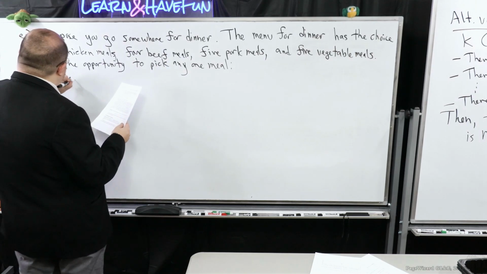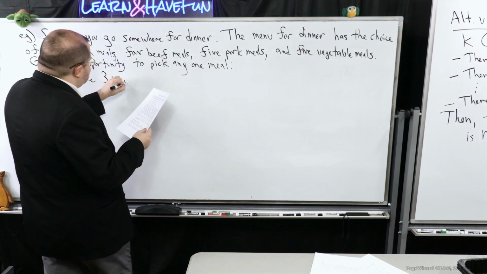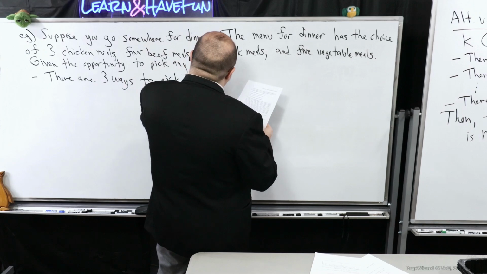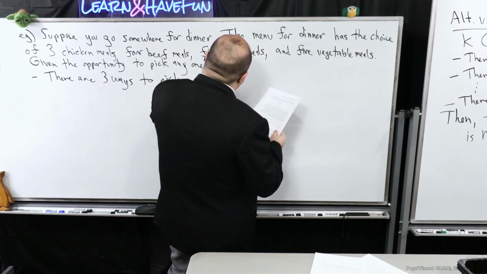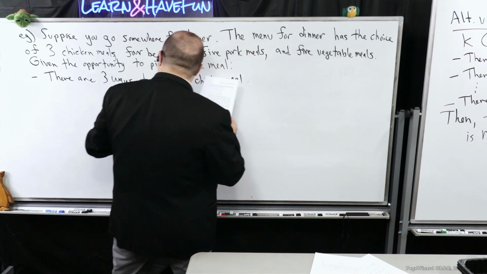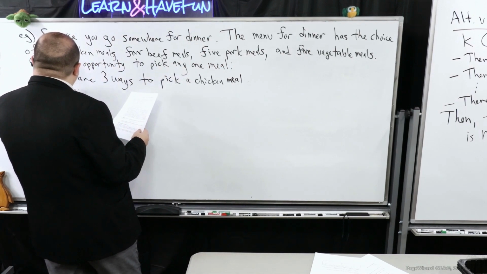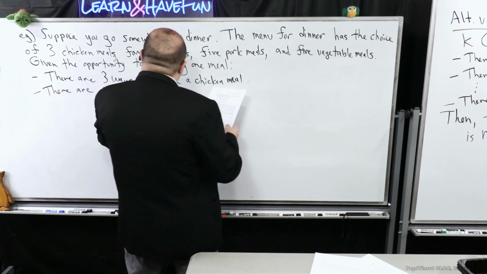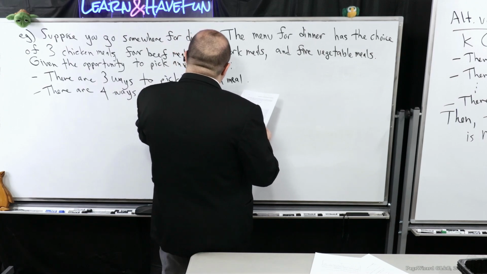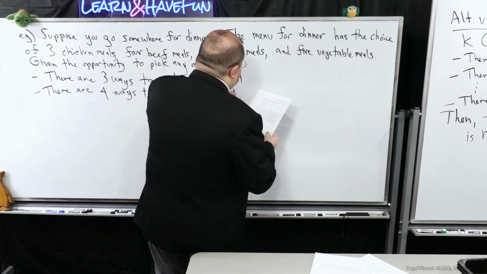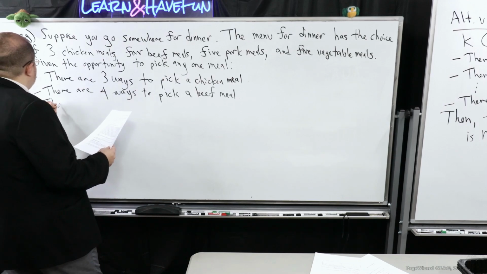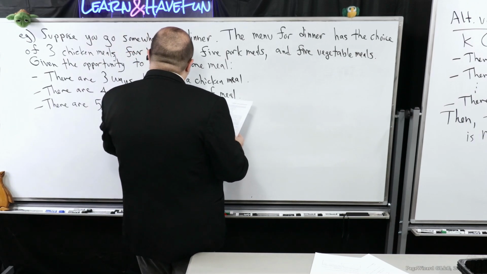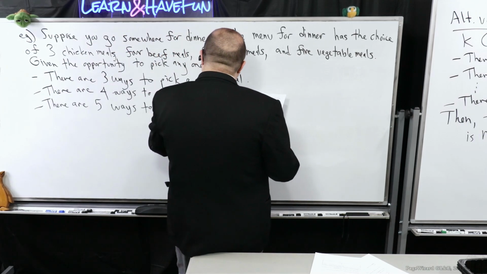So there are 3 ways to pick a chicken meal. There are 4 ways to pick a beef meal. There are 5 ways to pick a vegetable meal.